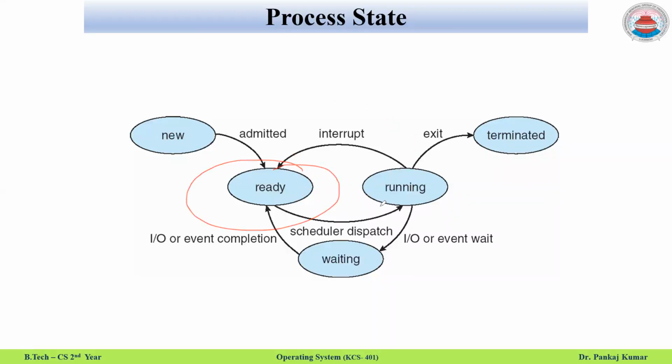So there is a difference: IO event and interrupt are two different things. What is the difference? Waiting means there is a requirement of the process for its execution; then it is called an IO event. But in an interrupt, there is no requirement of any resources or IO event.